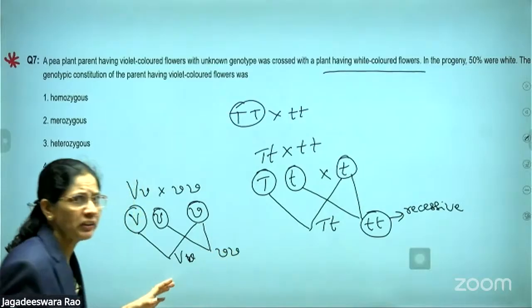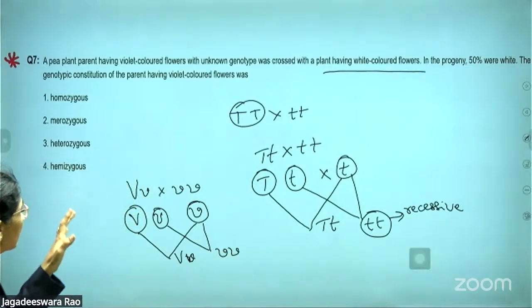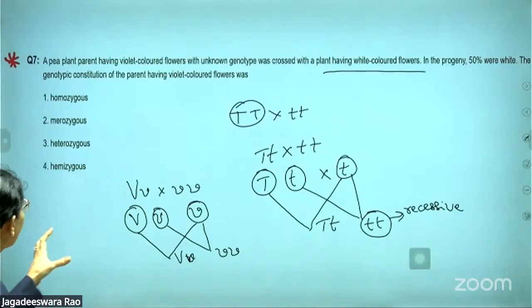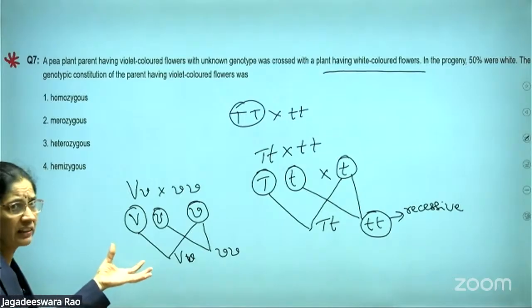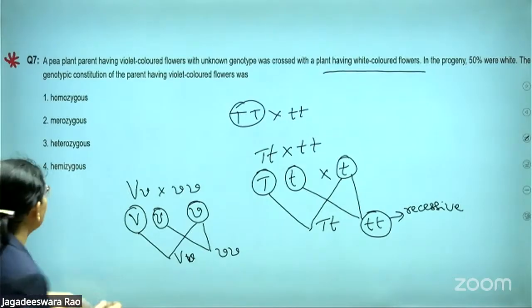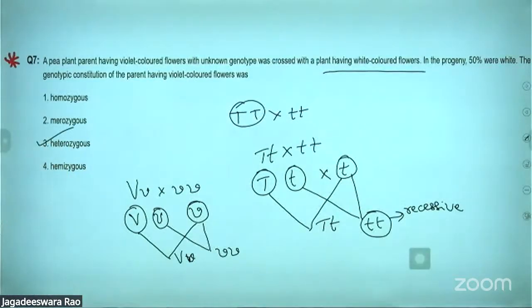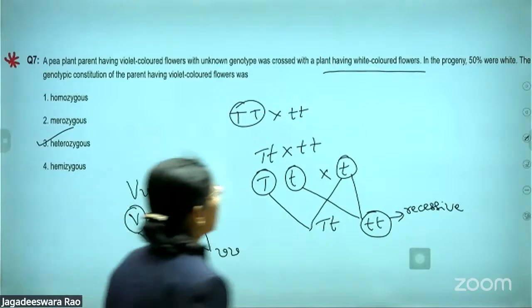Are you getting my point? So what is the genotype? Whether it is homozygous or heterozygous: if both the alleles are similar, you have to remember it is homozygous. If dissimilar alleles are there, it is heterozygous. So what is our option here? Option number 3, that is heterozygous. Did you get that, children? I hope it's clear to you. Let us move on to the next question.